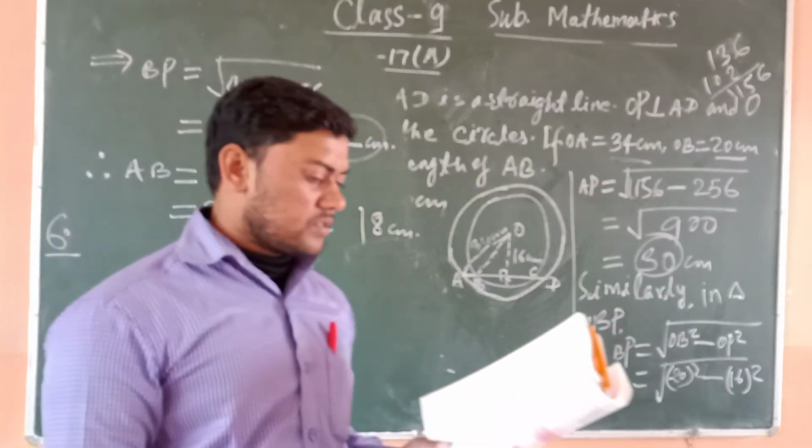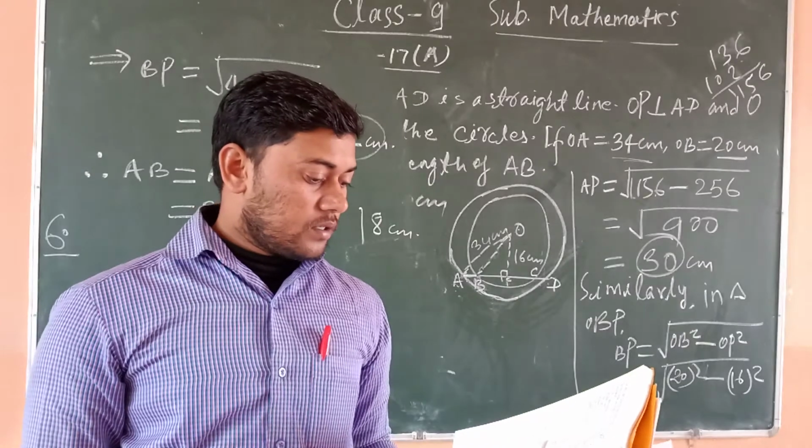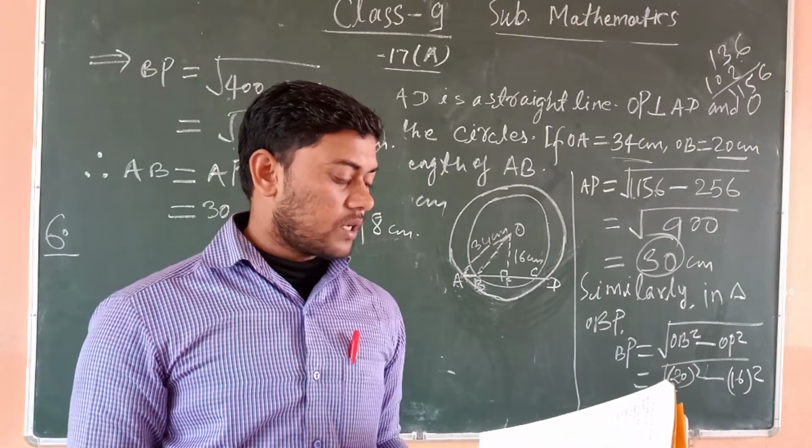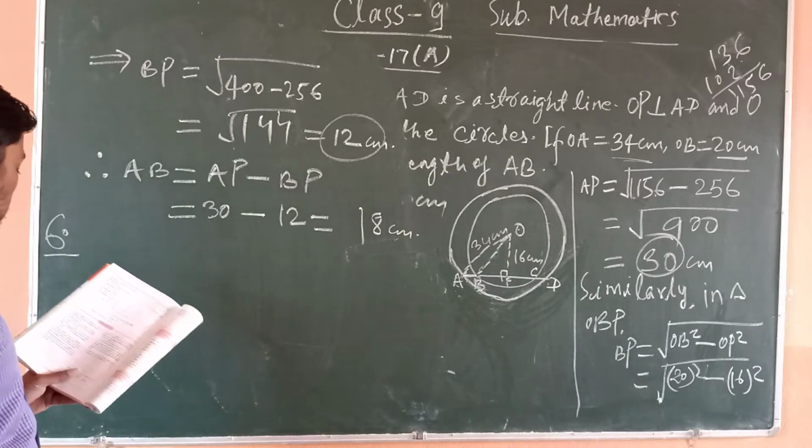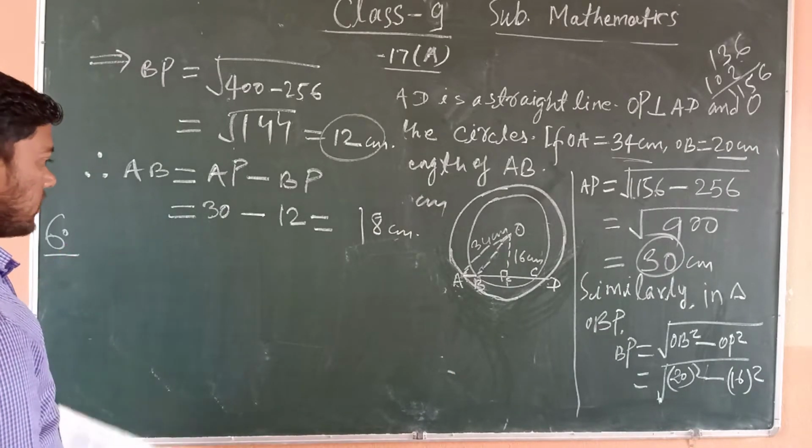Find the distance between the chords if both the chords are on the opposite sides of the center, and second, on the same side of the center.